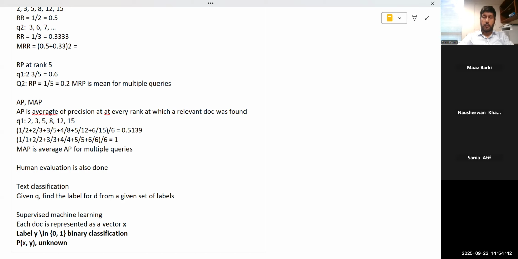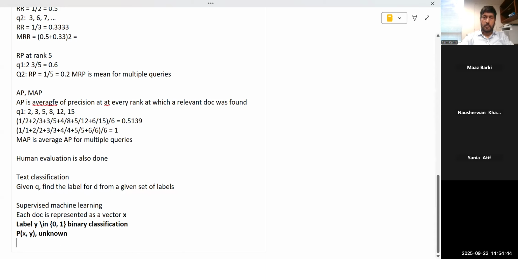What we do have is a data set. What does the data set typically look like? It's pairs of x_i, y_i, for i equal to 1 to n.